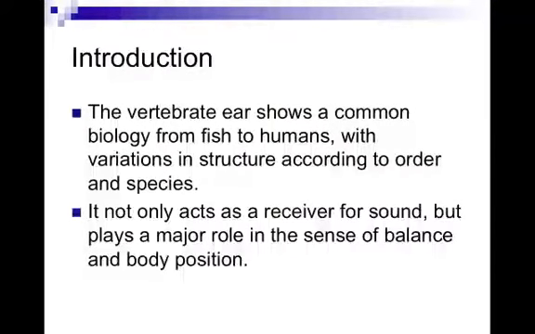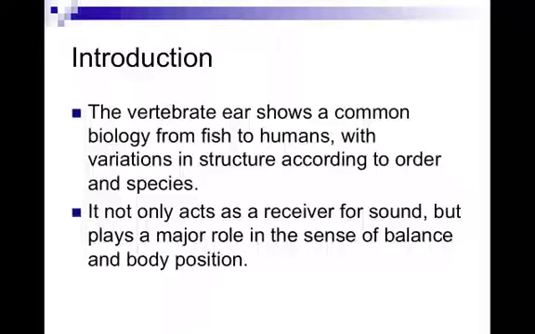The ears in vertebrates have a common biology. There are some variations in the structures as we go up the strata within the vertebrates, and there are variations within species. But there is an astonishing similarity, and you can see a hierarchy in terms of evolutionary adaptation.